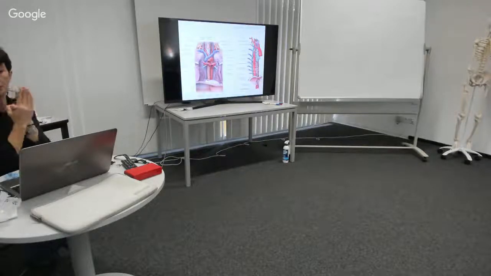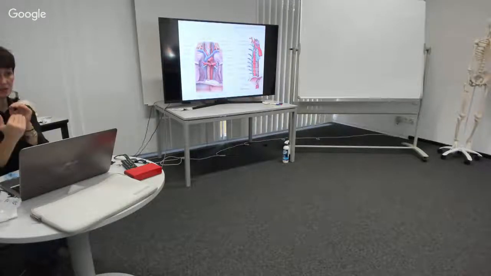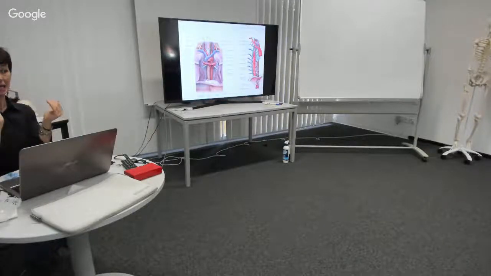Then, in the inferior mediastinum, it lies in the posterior division. And already at this level, because when we move from the superior to the inferior mediastinum, the trachea bifurcates.